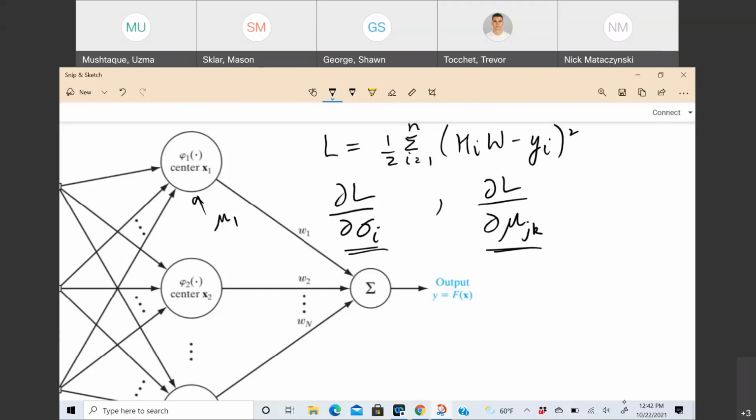One subtle thing here is that, although we're looking at sigma_i, so there is sigma for every different node 1, 2, 3, and so on, in practice we use a constant sigma for the entire training. So instead of sigma_i, I can use sigma to make it simpler. But still, I need the derivative of all of these, and then I need to update these as well as the weights.